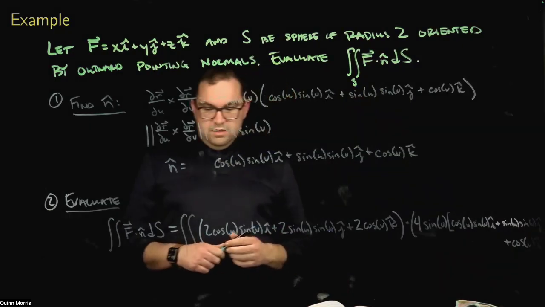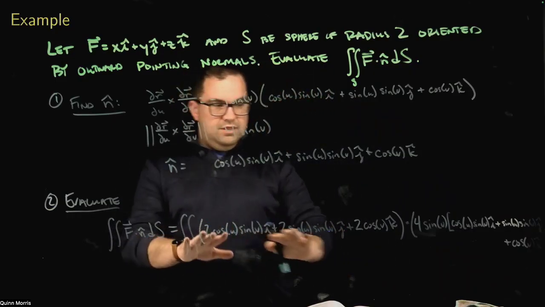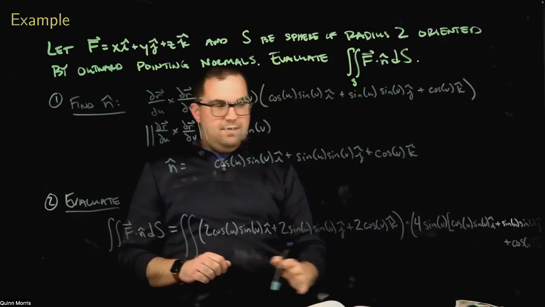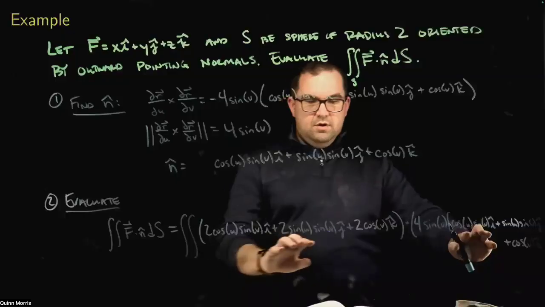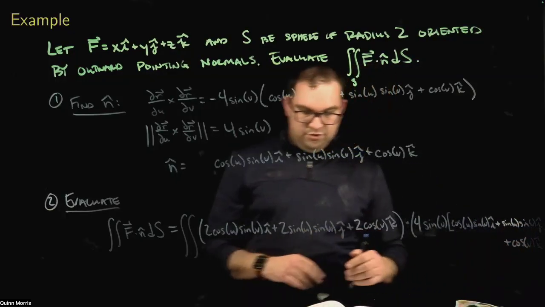Now I need to write out this dot product. I've got a 4 sine v that comes out front, and then I take the product of the i terms plus the product of the j terms plus the product of the k terms.